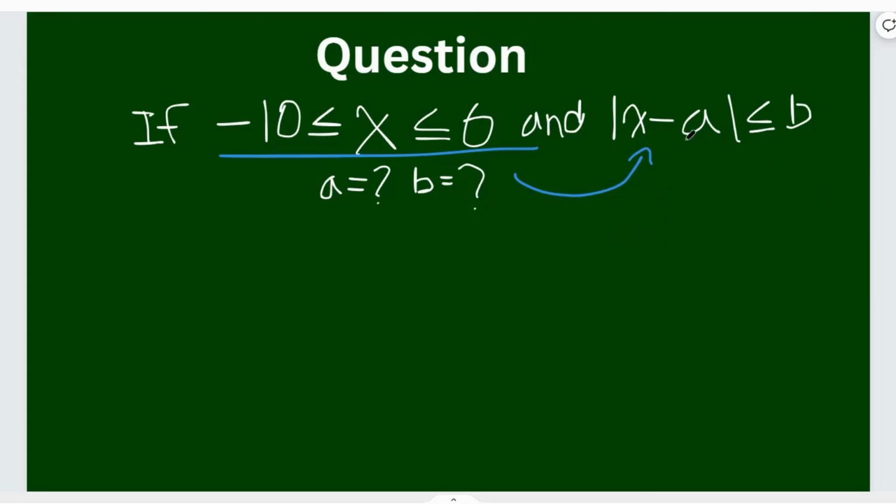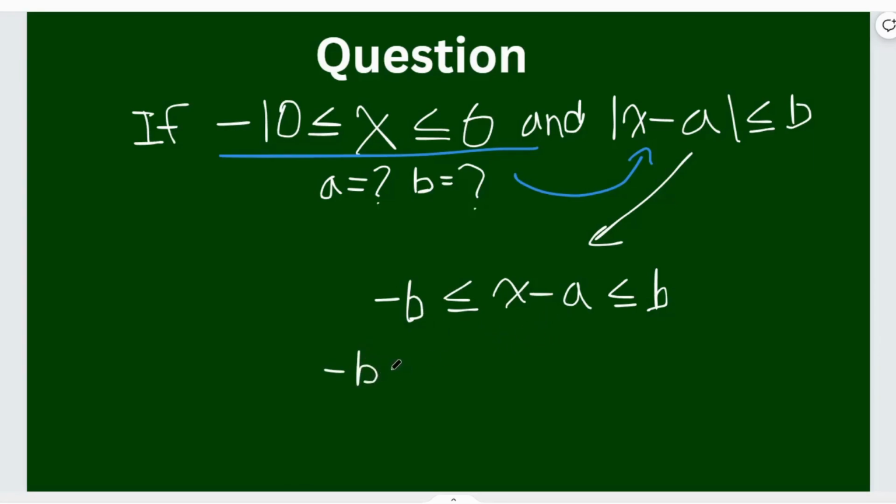Let's first write this as x minus a is smaller or equal to b, and greater or equal to negative b. Then we add a onto both sides. So negative b plus a is smaller or equal to x, and this is smaller or equal to b plus a.